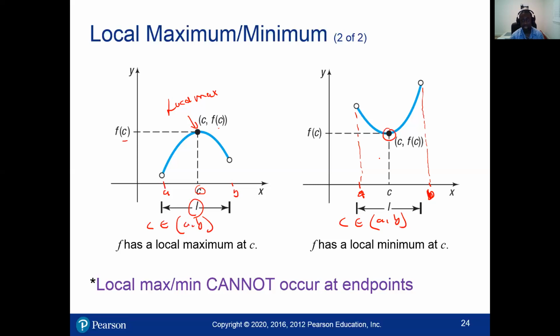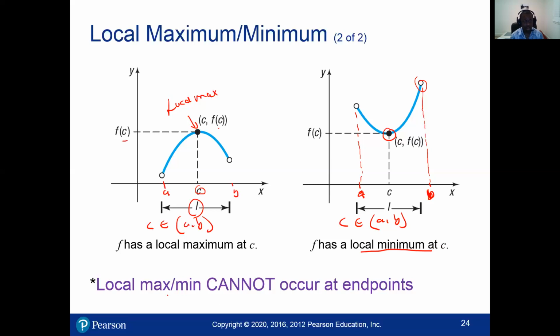At this point, the function value is the smallest among the function values in the interval, even though in this case the endpoint doesn't exist. That's why there's a hole there. But in the definition, if f of c happens to be the smallest in that open interval, then that is a local minimum at c.